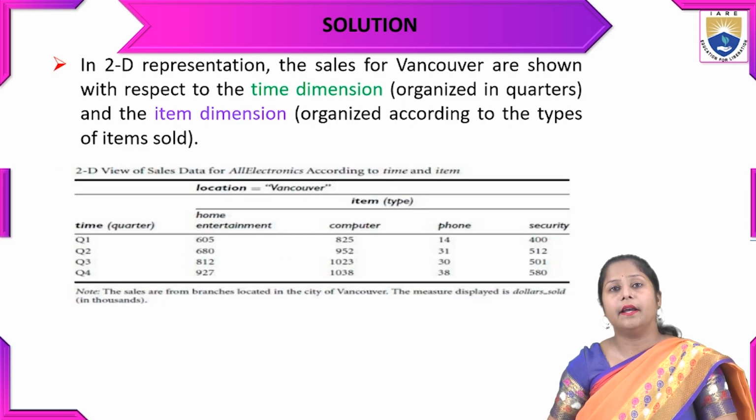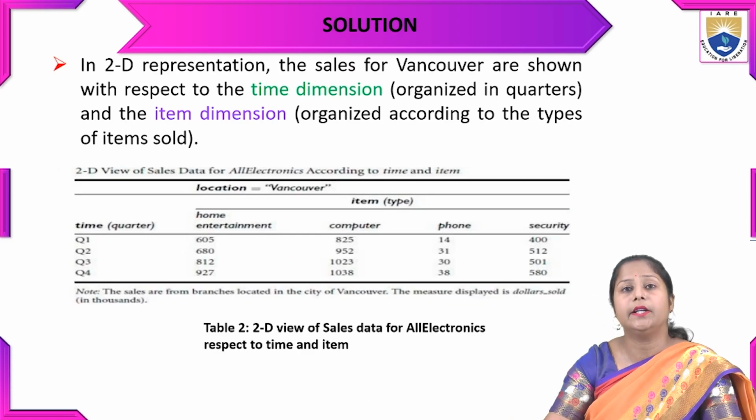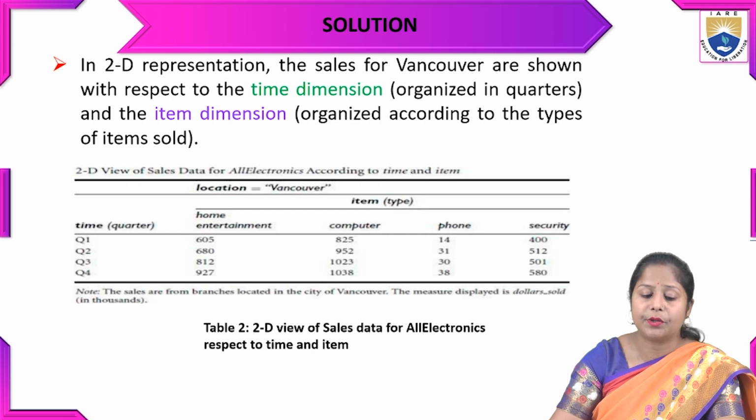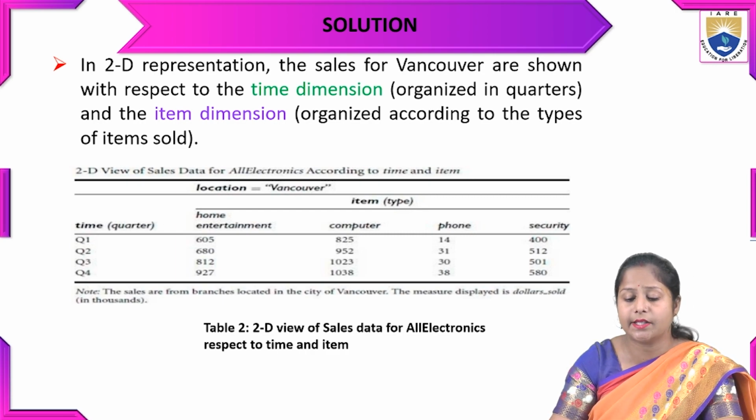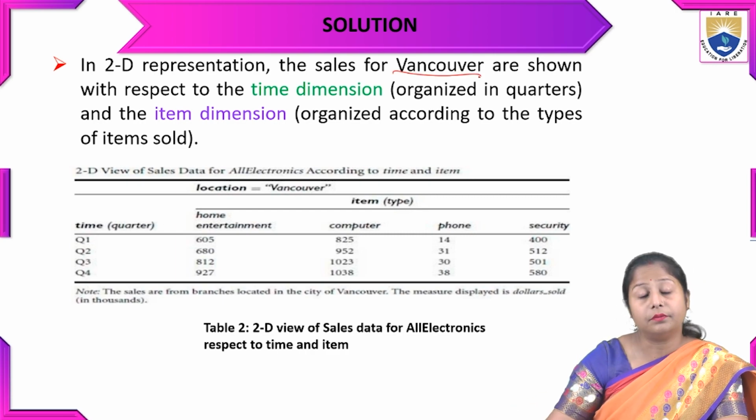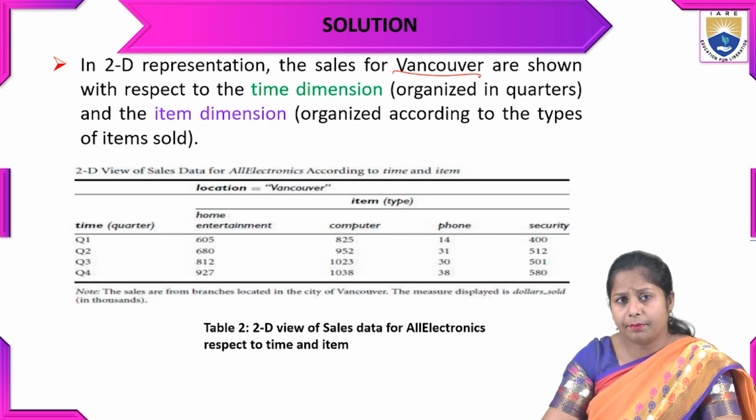So like this we can see the 2D representation of that particular table that we have seen in earlier slides. In the 2D representation, the sales of Vancouver, from that table, the extendable table, we have to take the relative term.